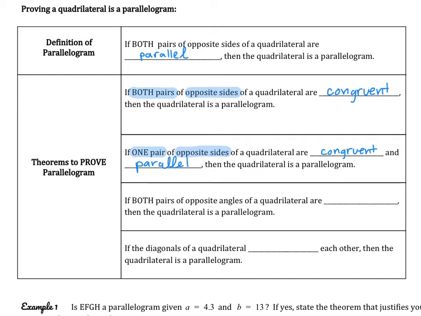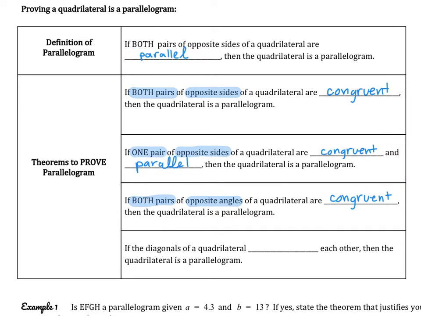Our third option is if both pairs of opposite angles are congruent, then that's enough to state that the quadrilateral is a parallelogram. Again, it needs to be both pairs of opposite angles.